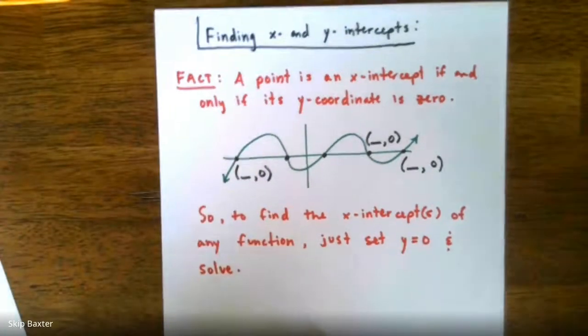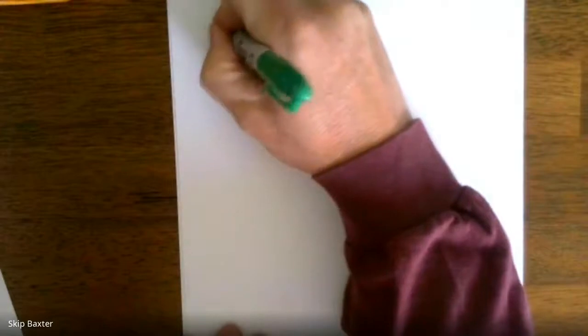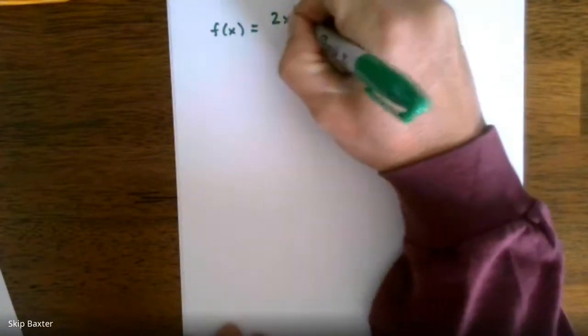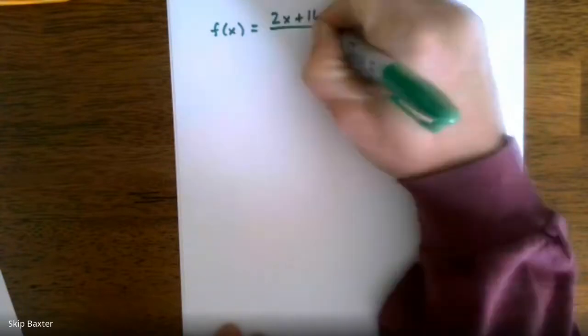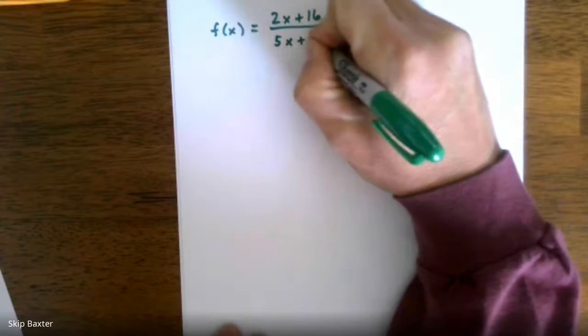So, for example, suppose I have a function like f of x equals 2x plus 16 over 5x plus 8, or something like that.